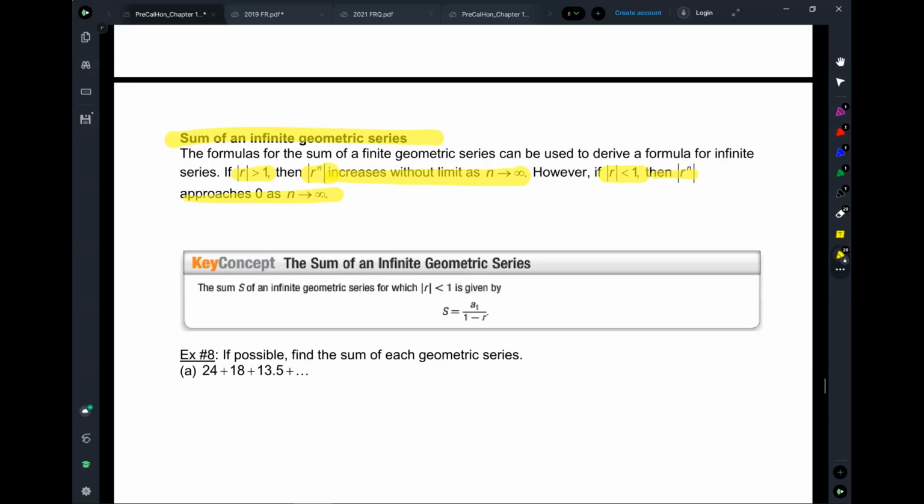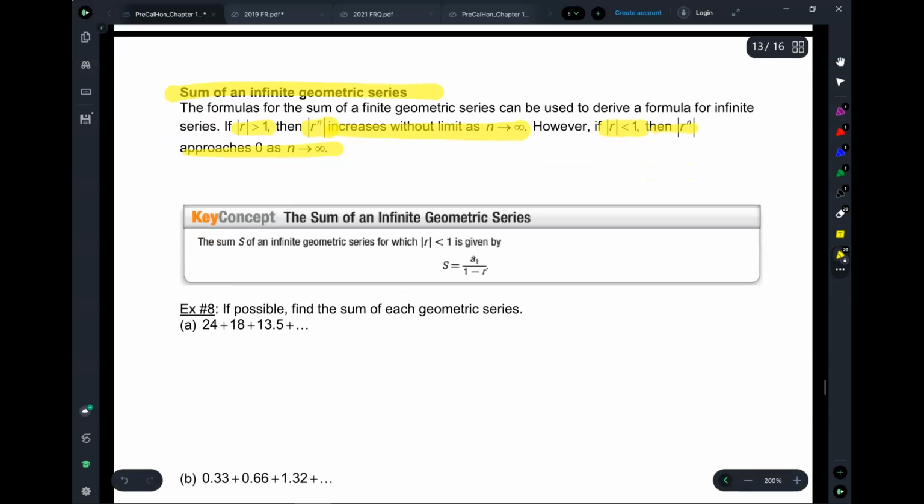So basically, if r is bigger than 1, you cannot take the infinite sum because it's just going to go to infinity. So the formula is only for when the absolute value of r is less than 1.